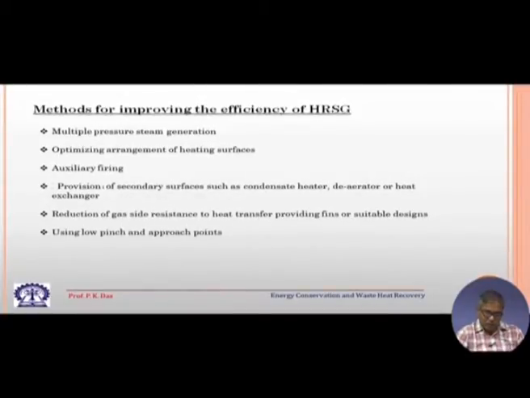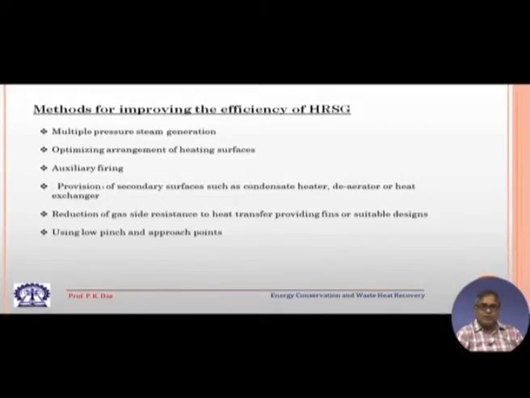Suppose we have a large amount of exhaust gas to be handled, and the exhaust gas is available at a high temperature, then the single pressure arrangement is not good enough. So, we go for multi pressure steam generation.